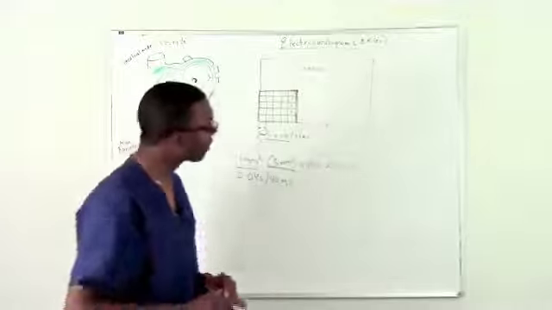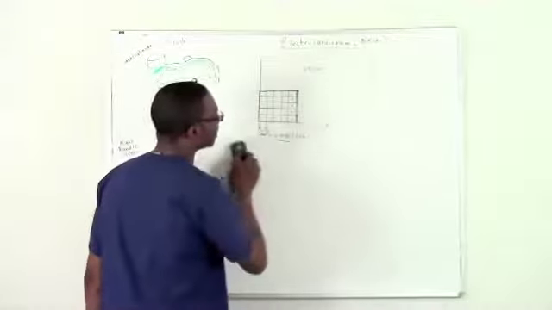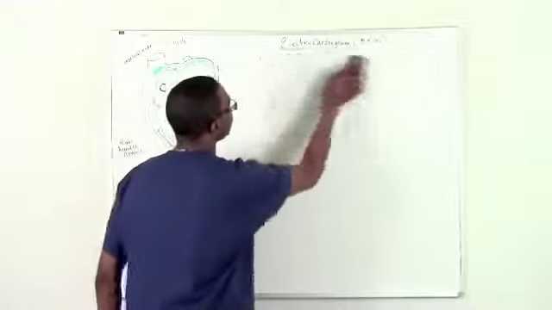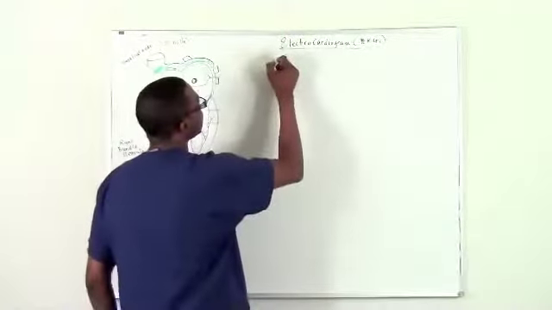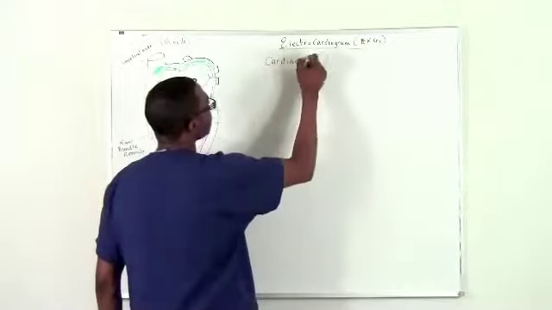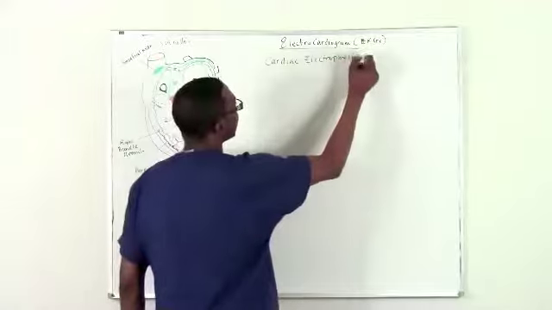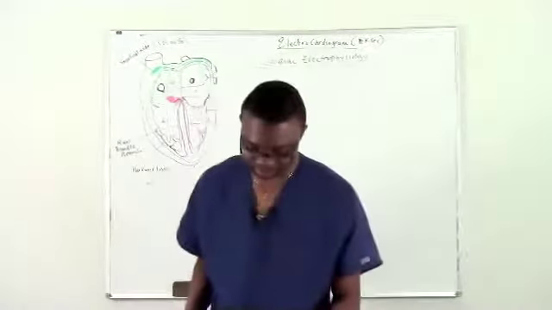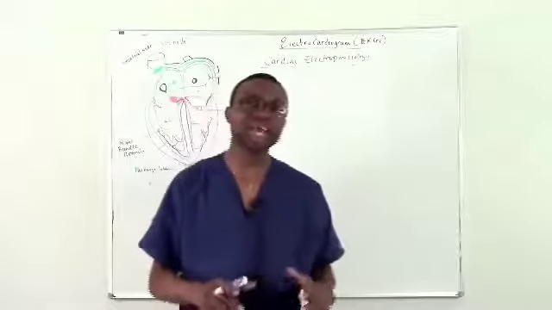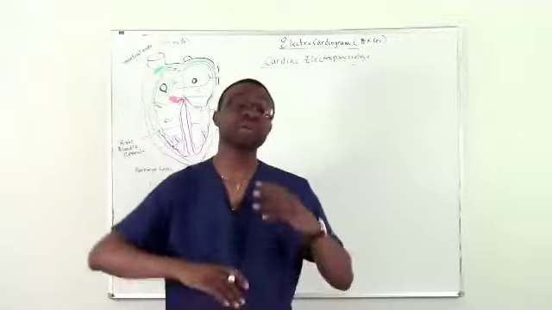But what I really want to focus on in these lectures is the cardiac electrophysiological system. Cardiac electrophysiology. So, let's begin. When you look at a cardiac electrogram, you see a bunch of lines.